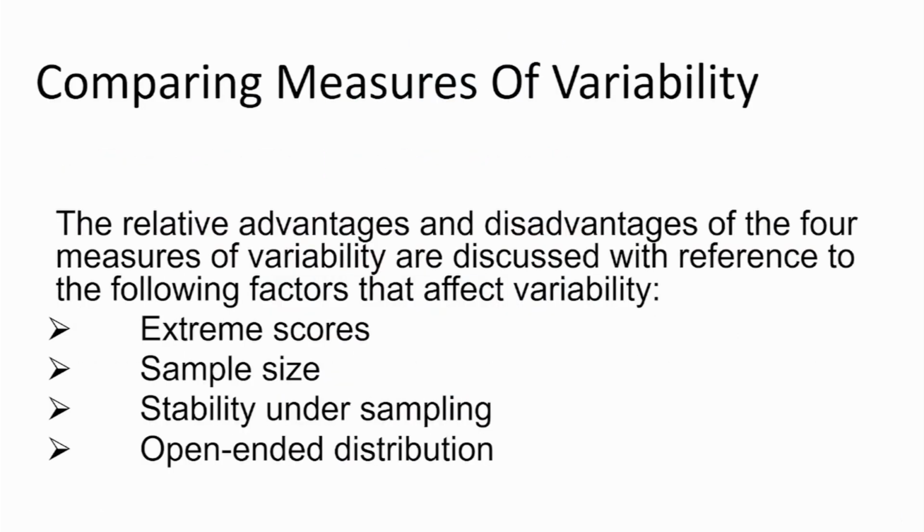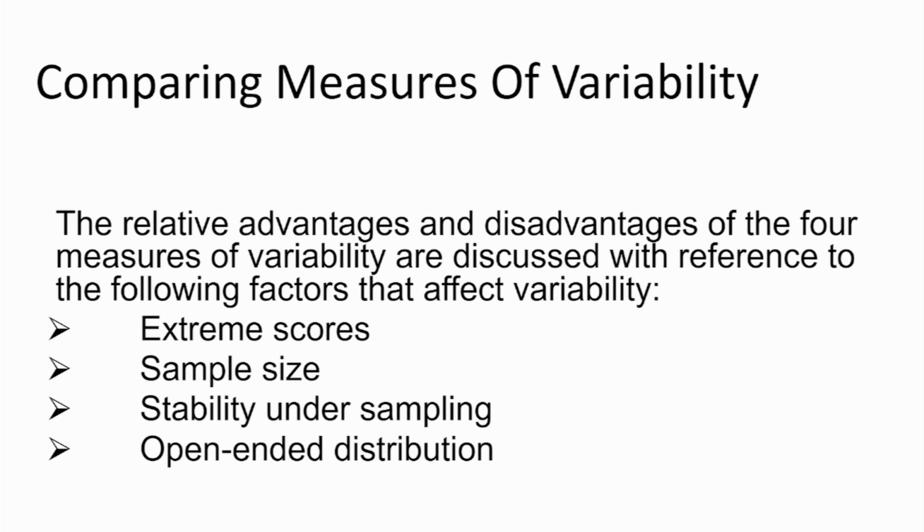These are the measures, and again there were criteria for understanding how to compare measures of central tendency. These are the criteria to compare measures of variability. Extreme sensitivity: like in the range, if you change the last element or outliers, the range will change. Stability under sampling: this is a topic of sampling.